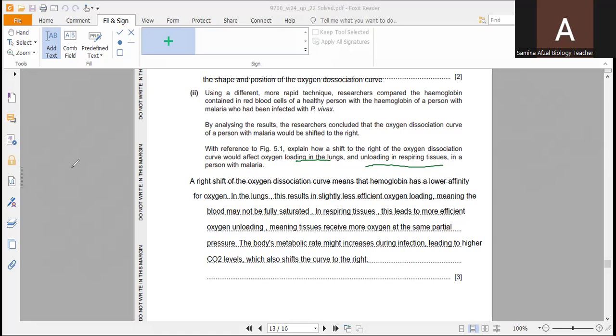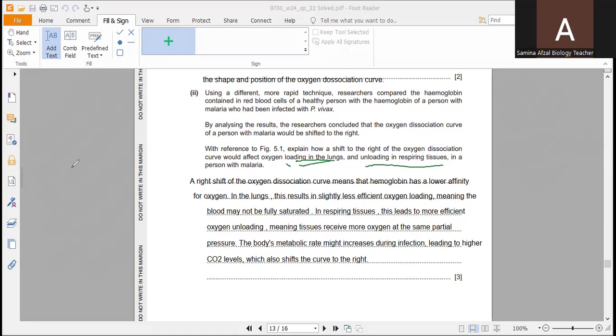Several factors related to the malarial infection could contribute to the right shift. I would like to say that in the lungs, this results in slightly less efficient oxygen loading, meaning the blood may not be fully saturated. And the other impact on oxygen is in respiring tissues.